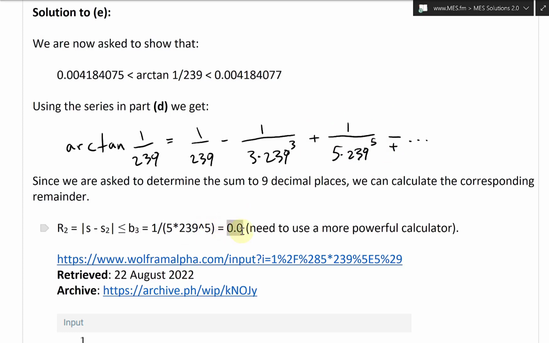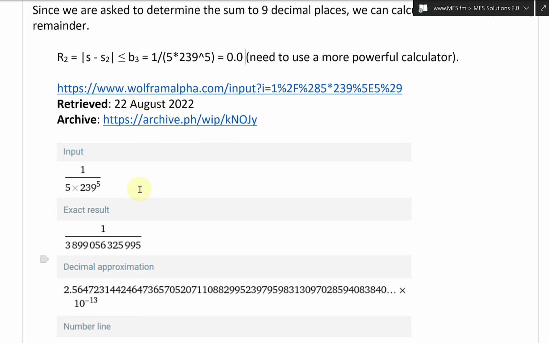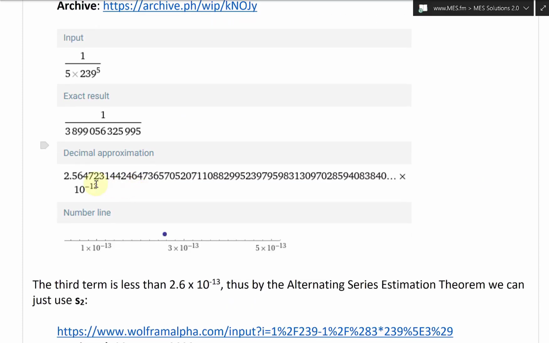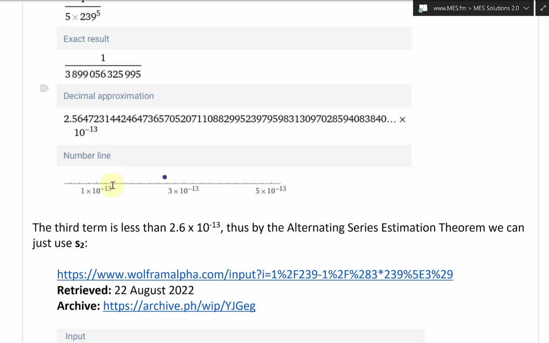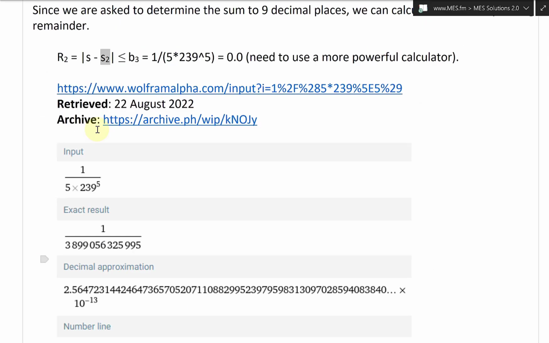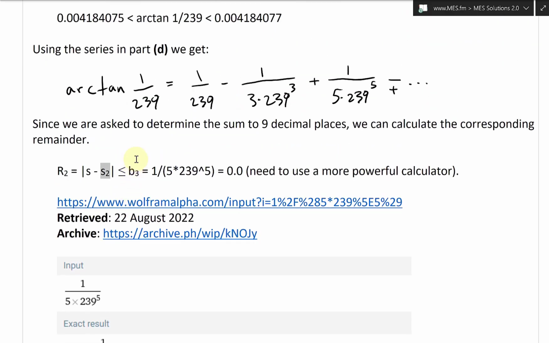If you use my OneNote calculator, it's too small, so it just goes 0. So we need a more powerful calculator. With Wolfram Alpha, it gets to 10 to the negative 13. So S2 is accurate to within 10 to the negative 13, in other words 13 decimal places, as opposed to the 9 we're asked for.